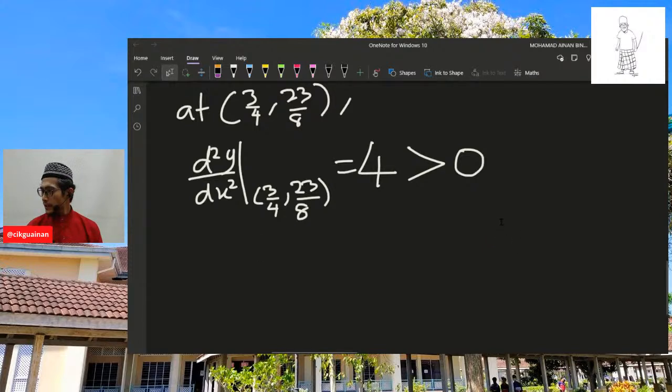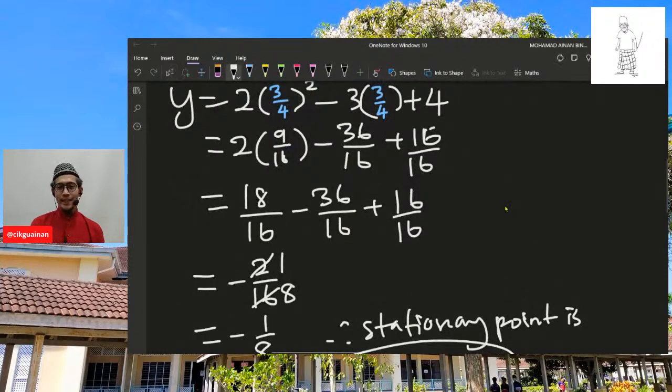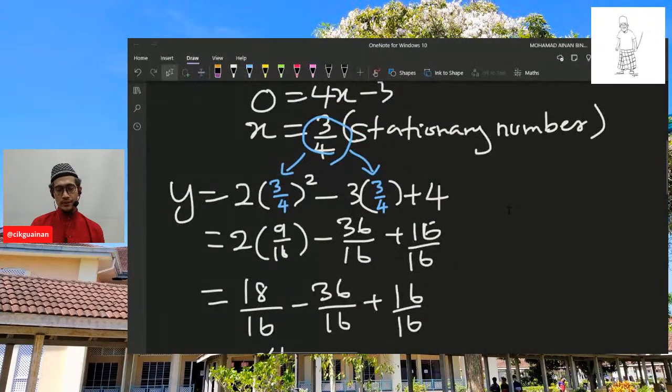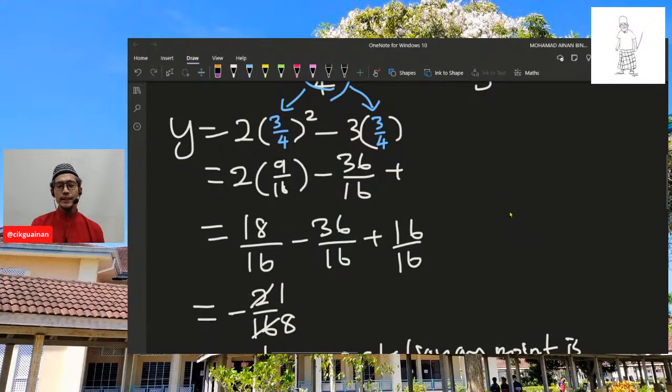The one above is wrong because 16 over 16 is 1, not 4. Thank you so much. So it means 16 over 16. Yes, this one I got wrong. 16 over 16 is 1.